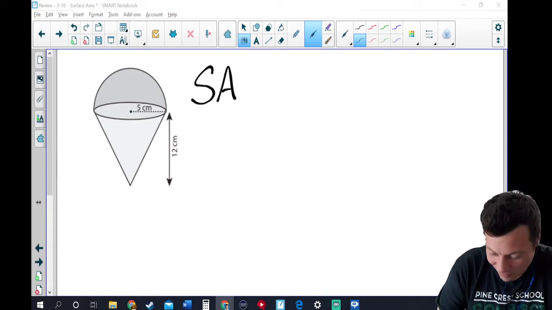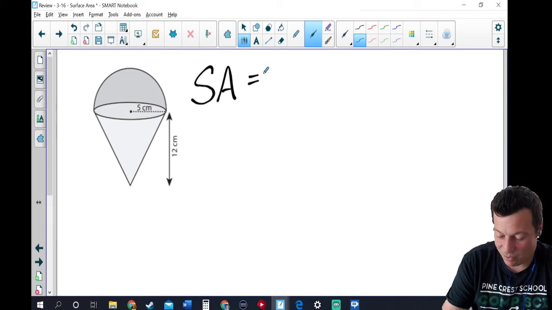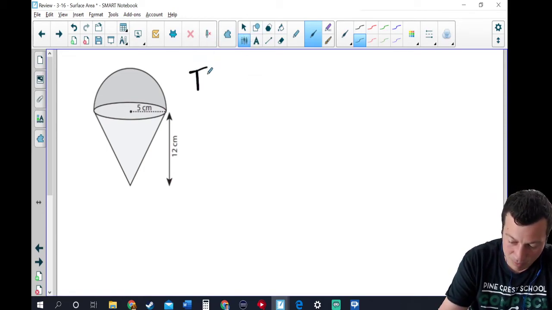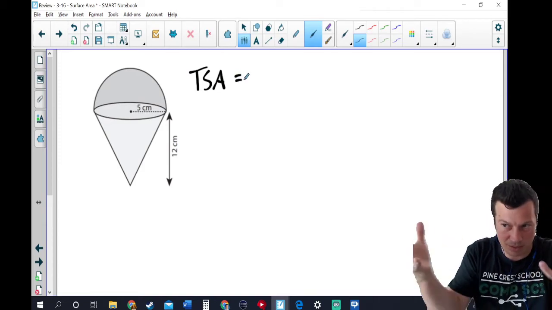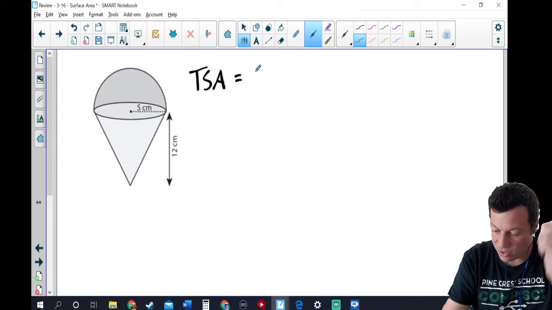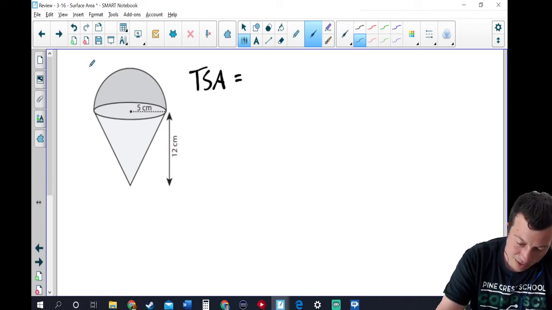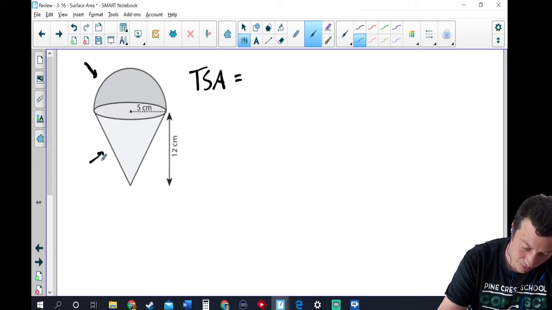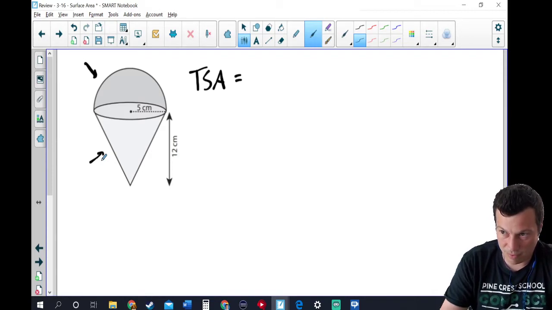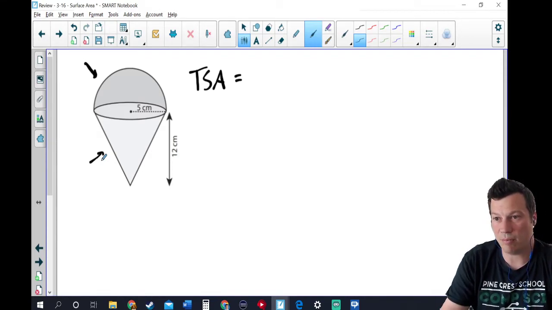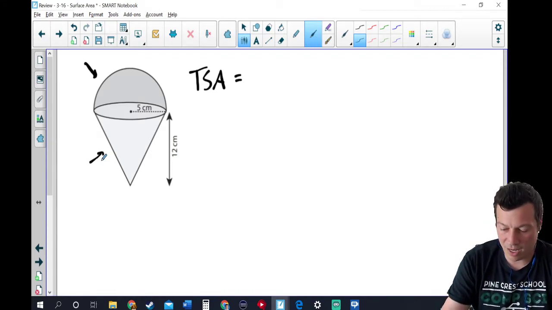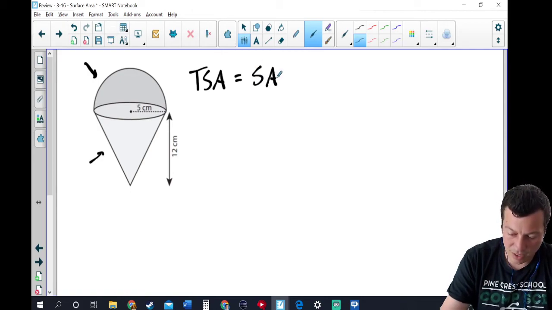Okay. Anyway, so surface area, right? Well, I need to find the surface area of this whole thing. So the whole idea is that I'm going to put TSA for total surface area. It's going to be like surface area of some things merged here. And so my plan is that it's going to be this top part and this bottom part. Those are the two shapes. One's a hemisphere, half sphere, and the other is going to be our cone. And so we have our surface area of our sphere, but that's over 2.